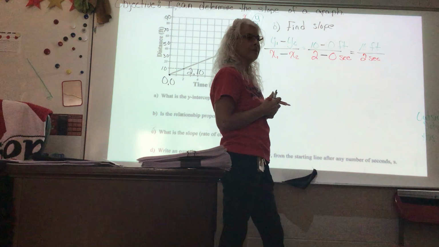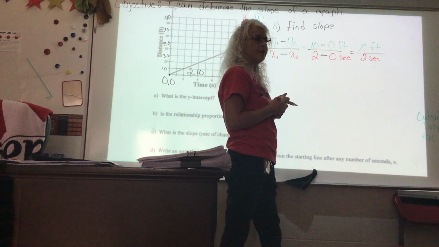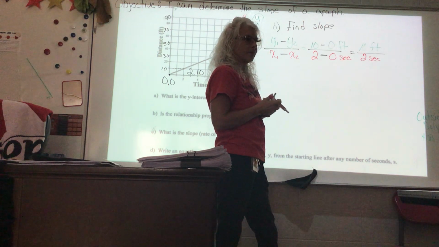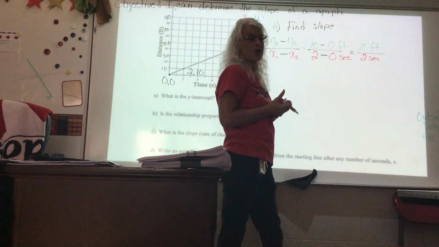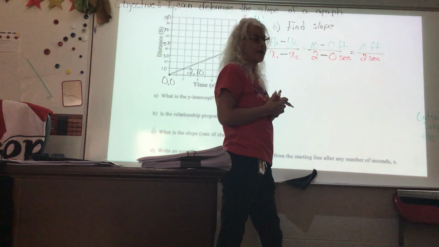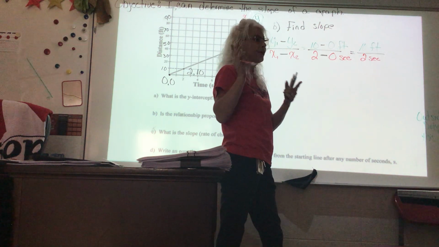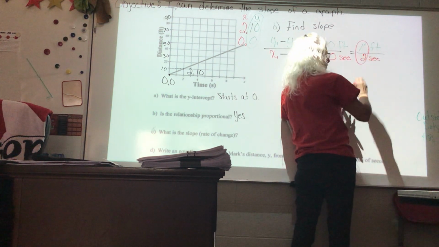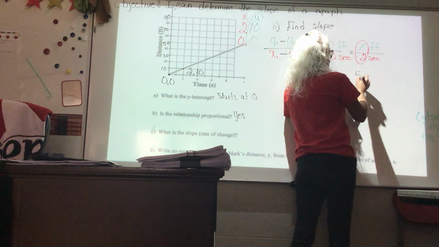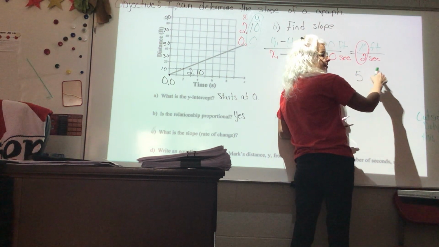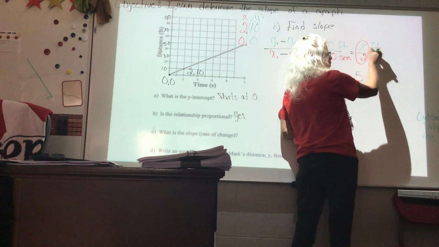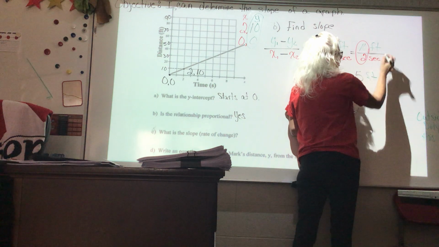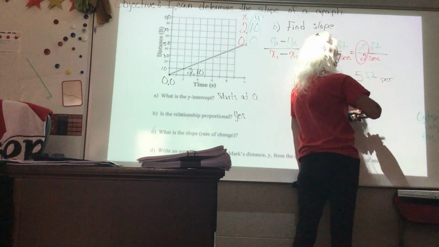If I found that you said this was for number, I thought I put 840 and then 630. So you use different ordered pairs, and yeah, it works every single time, as long as those 2 good points are on the graph, you're good. Take your leading numbers, 10 divided by 2 is, and now we gotta figure out, is it seconds per feet or feet per second, so just like in reading, we're gonna do feet per second.